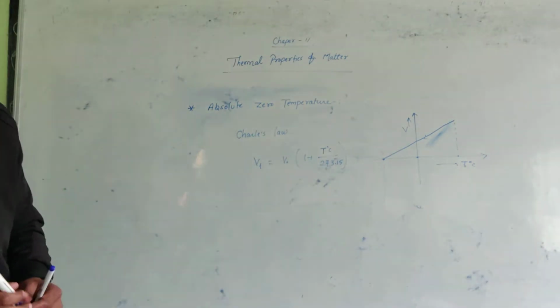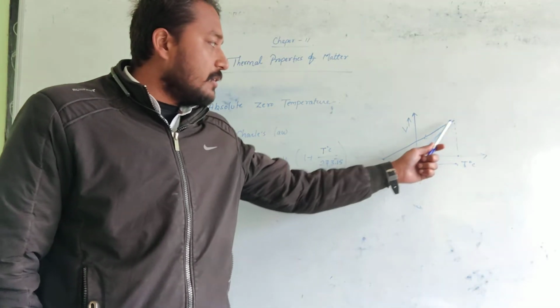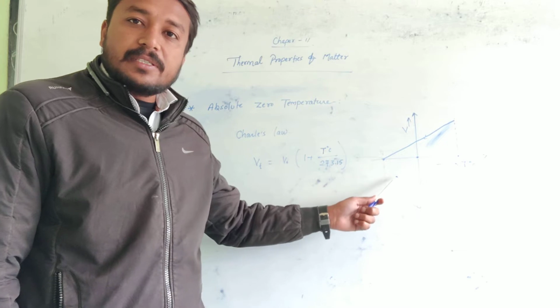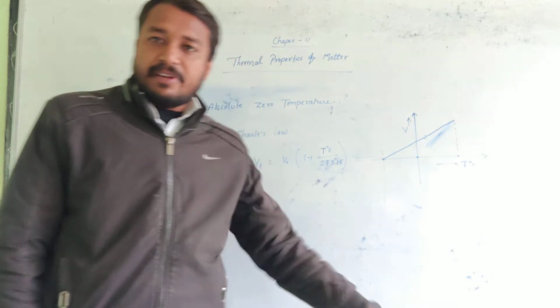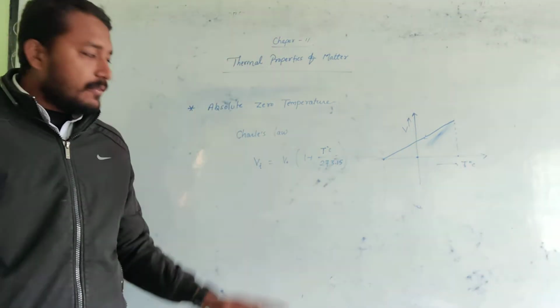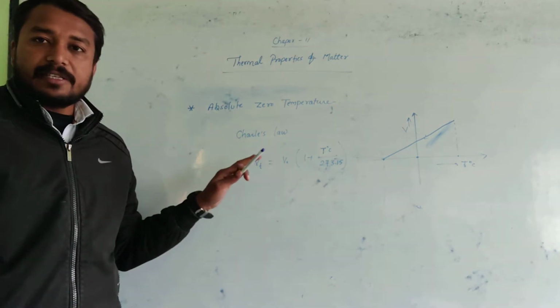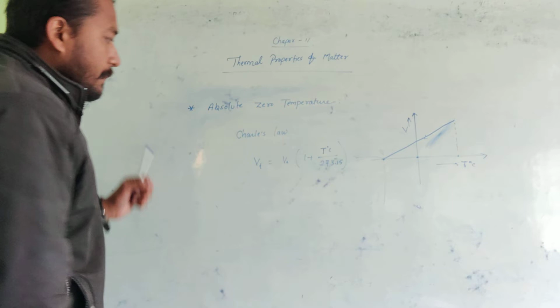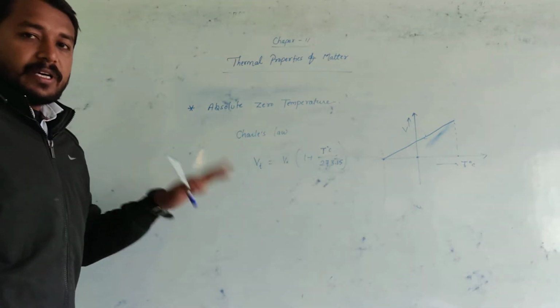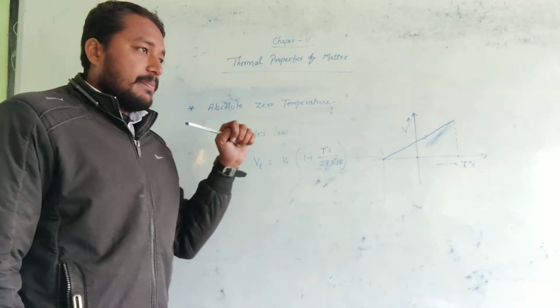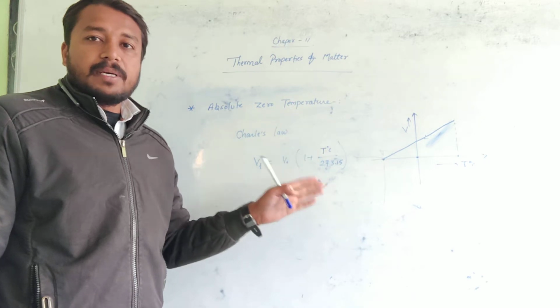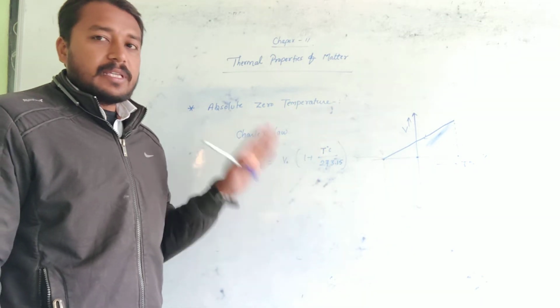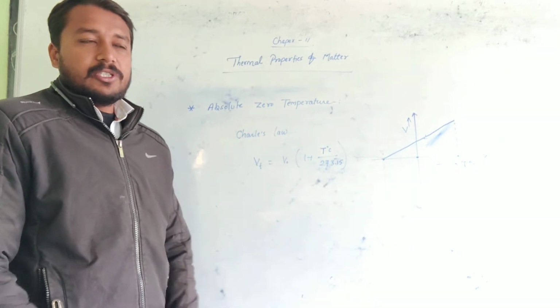When you decrease the temperature, the volume will also decrease. Now find the value of temperature at which the final volume of the gas or the liquid will be 0. Where the volume of the particular gas or liquid becomes 0, that temperature is called absolute zero temperature.